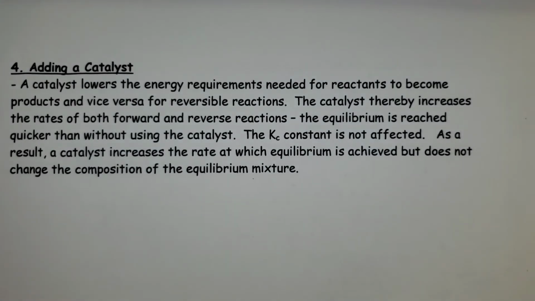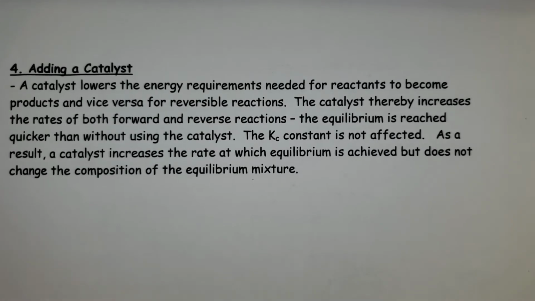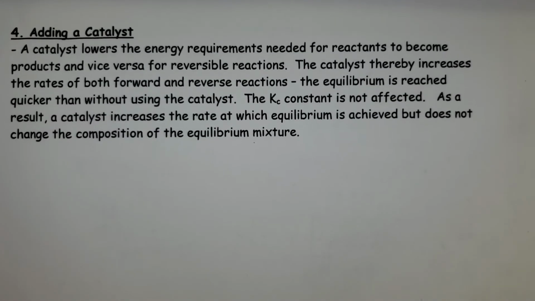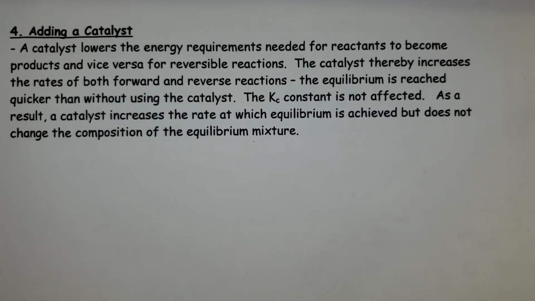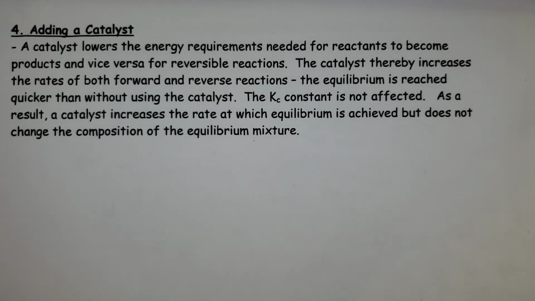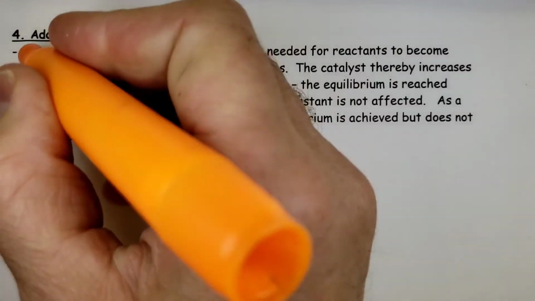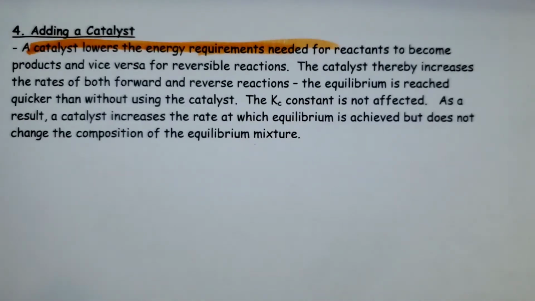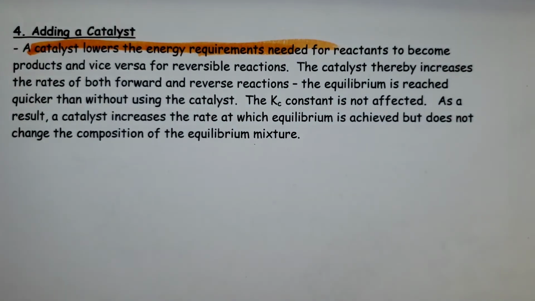Okay, so we have changes in concentration, changes in pressure, volume, changes in heat, temperature. Technically, there's a fourth one. It's called catalyst. Catalyst, those of you from biology, lowers the energy requirements. So if you have a catalyst, it lowers the energy requirements for a reaction to occur, and vice versa for reversible reactions.